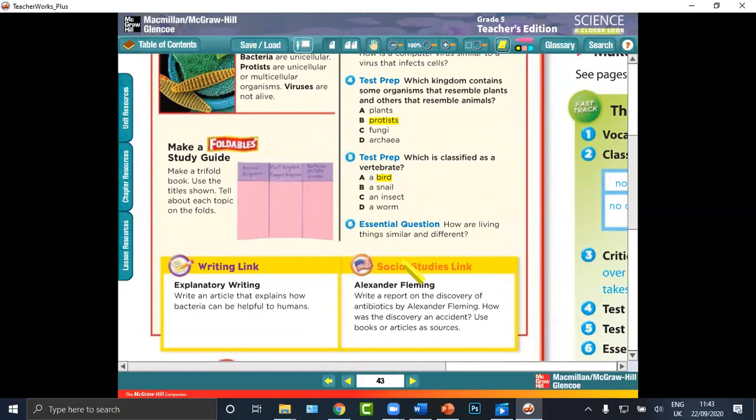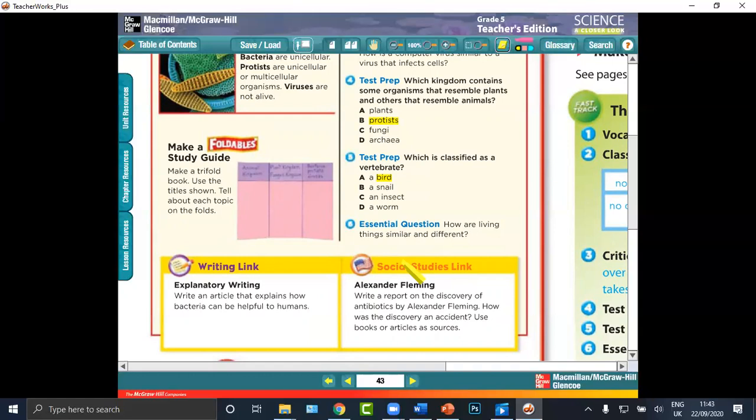Cells. All living things are made of cells. However, living things are also different. How? They have different cells. They differ in size, structure, and how they obtain food.